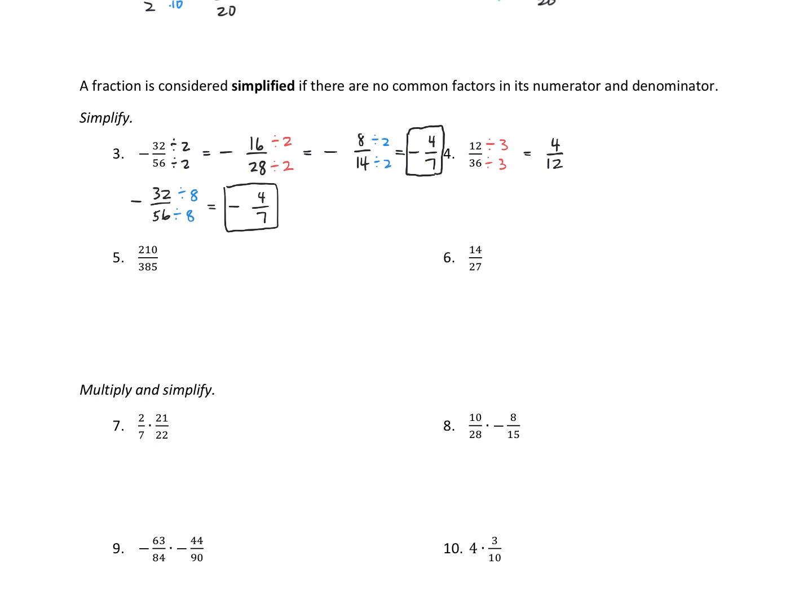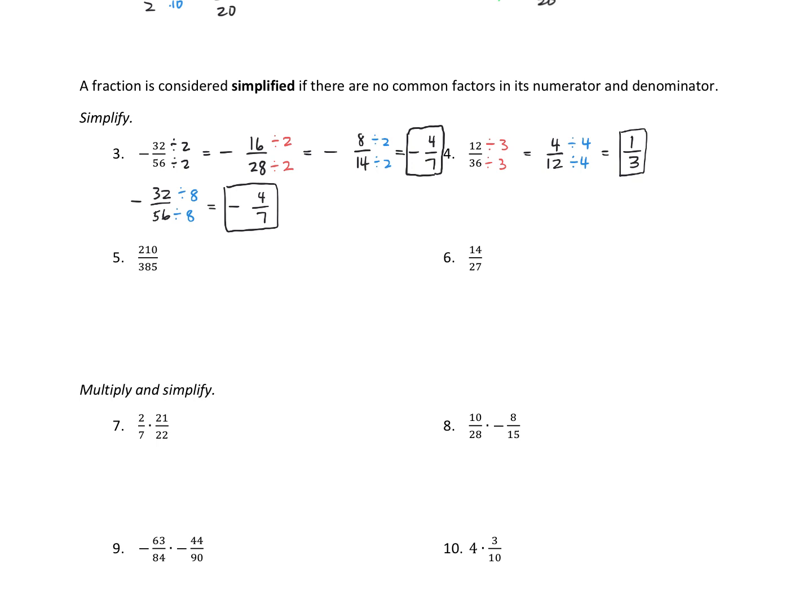And now hopefully you would see that, well, 4 and 12 are both even, so you could at least take out a 2. But maybe you notice that you could divide them both by 4. If you divide them both by 4, 4 divided by 4 is 1, and 12 divided by 4 is 3, so you will get 1/3. If in the first step you notice they're both divisible by 12, and you did that, you would get 1/3 right away.